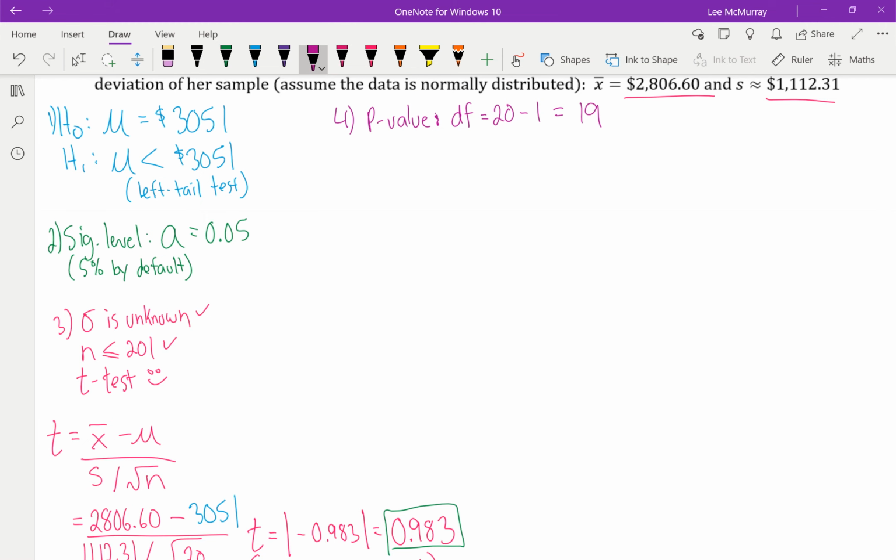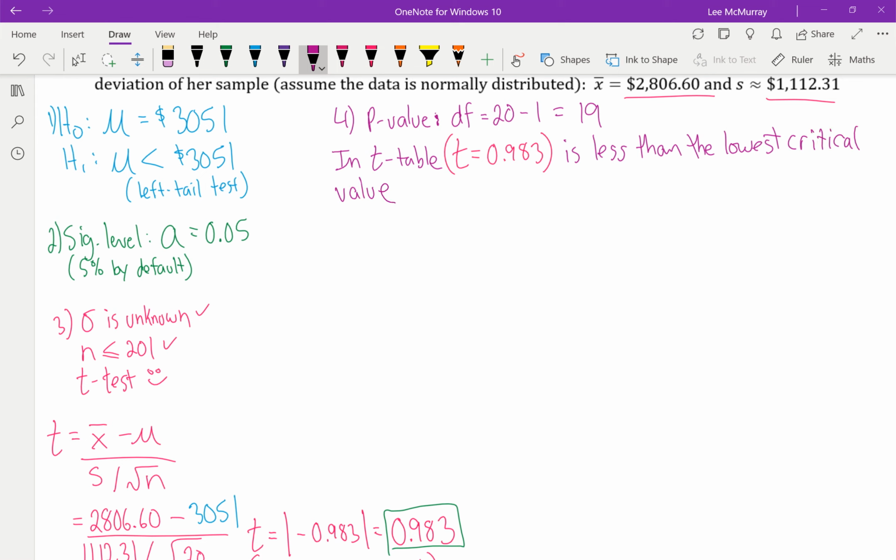And I want to put this in so we can refer back to it, but you'll have access to this information. So in the t table, where t is equal to 0.983, that is less than the lowest critical value, which is t is equal to 1.328.